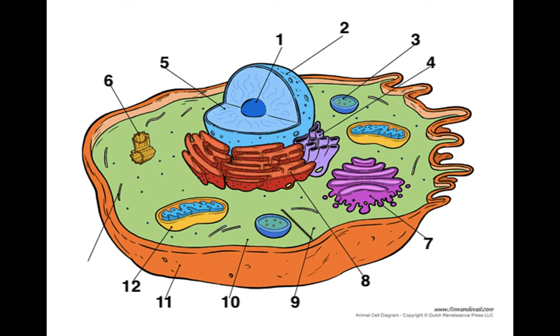So I told you I would show you the difference between the rough ER and the smooth ER, and this one's really easy to see. If you notice the ER, it encapsulates and goes around the nucleus. The smooth ER, you notice it doesn't have the dots on it, whereas the rough ER does. And a lot of people oftentimes get the Golgi, that's number 7, confused with the ER because they kind of look similar, like flattened sacs.